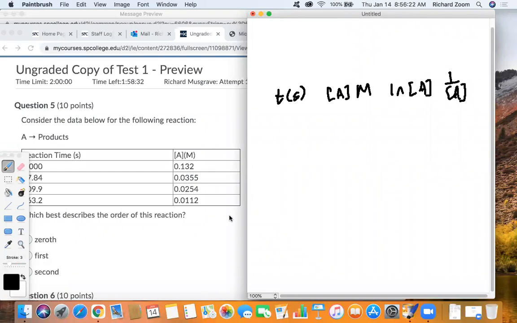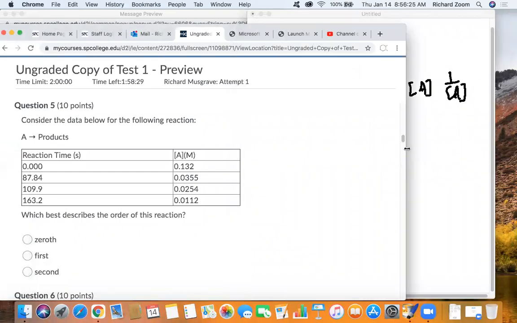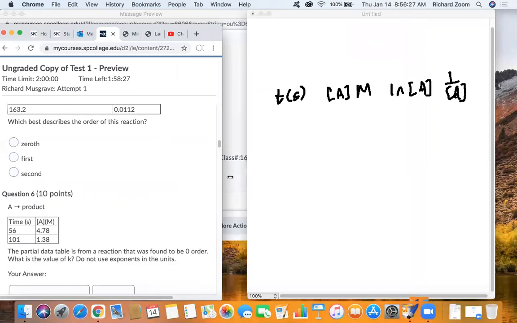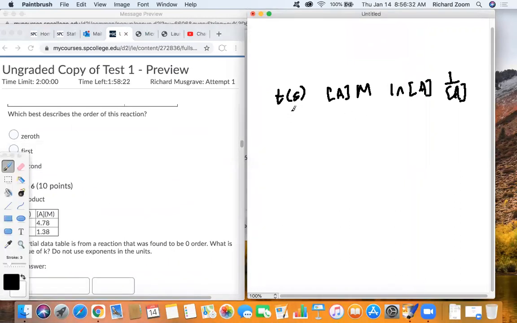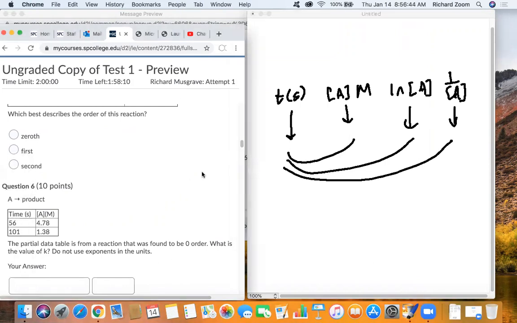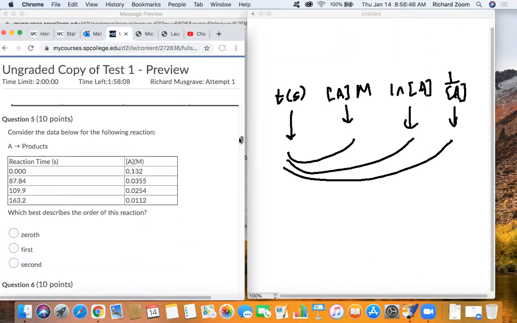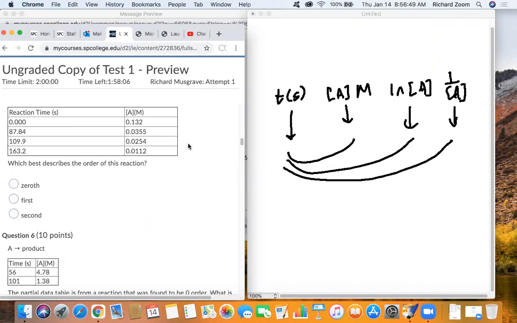So you need a scratch piece of paper in order to do that. And then you'd have your data here for each of these. And then you would find the slopes for time versus A, time versus log of A, and time versus 1 over A. And then you'd see which one gave a straight line. And that would be the one that would tell you which order it is. Does anybody have any questions about that? I mean, it's just what we just went through.